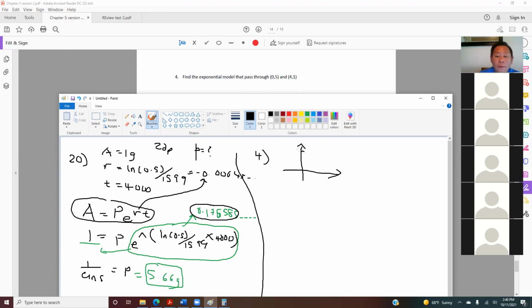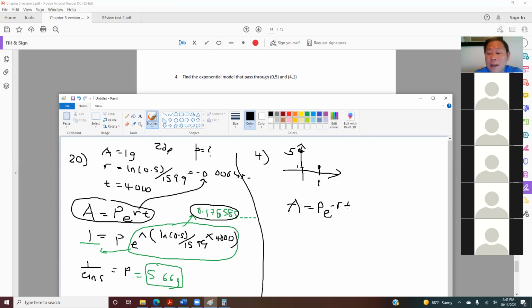So this is 0, 5. 4, 1 is right here. Can someone tell me, looking at these 2 coordinate points, are they growing or decaying? Decay. This is a decay because the graph goes down. So the formula that we use, you have to put a negative here.